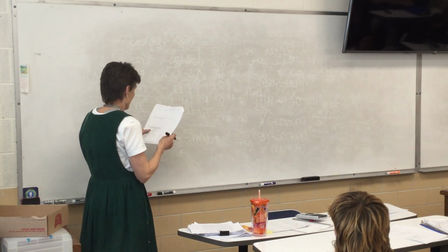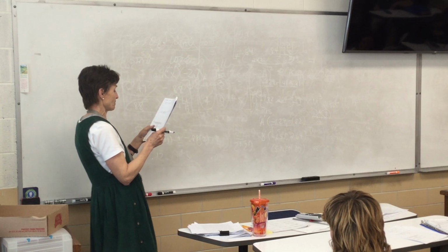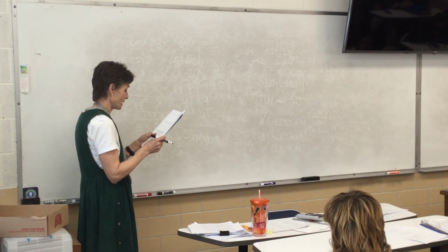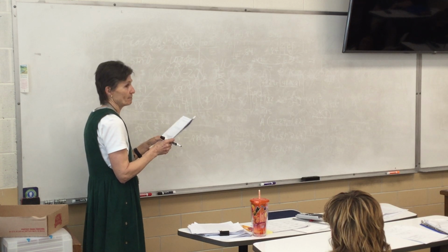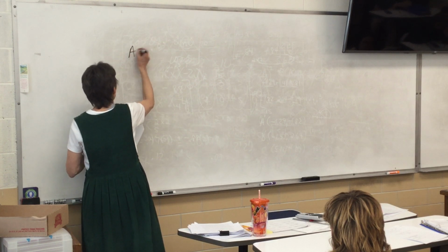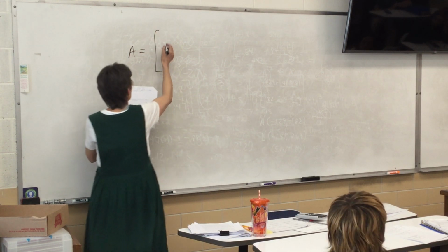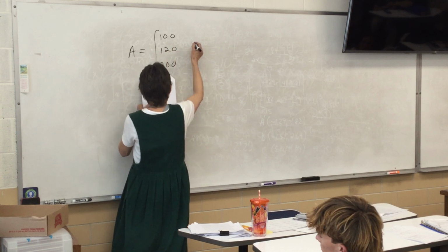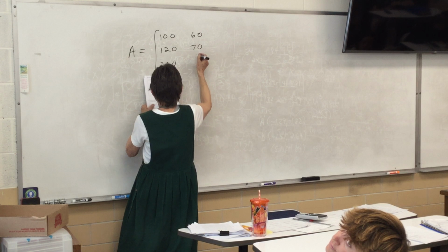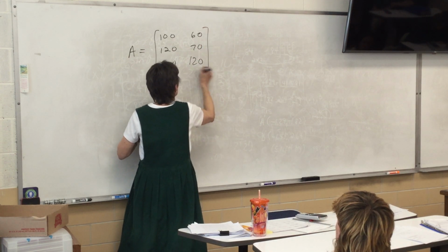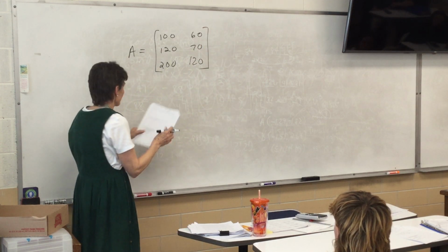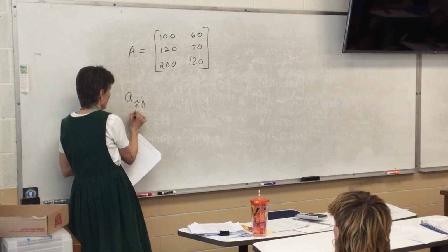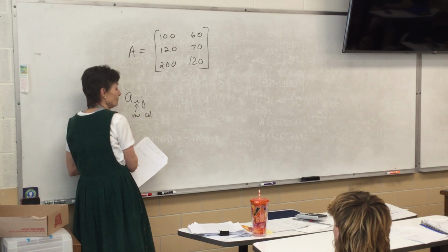Okay. So here we go. Happy Valley Farms produces 3 types of eggs. The number of dozens of type I eggs sold at grocery store J is represented in the matrix. All right, so do you understand what that even means? A-I-J, this is row, this is column.